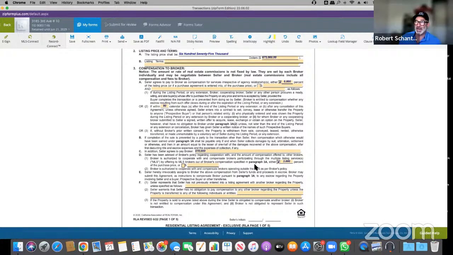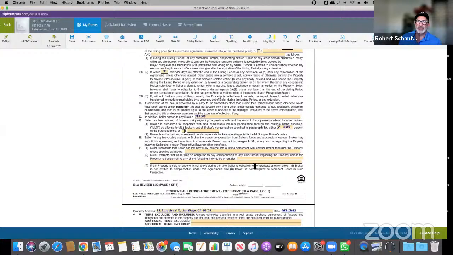So if you're ever asked that question, Mark just gave you the answer. Am I paying 6% or 9%? And Mark says, no. If you read, broker is authorized to cooperate with and compensate brokers participating through the MLS by offering the compensation of 3%. We're paying it. The seller's not paying it. Seller's paying us, and then we pay the other side.